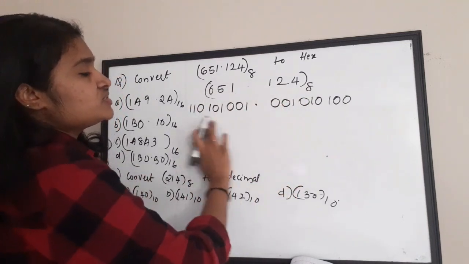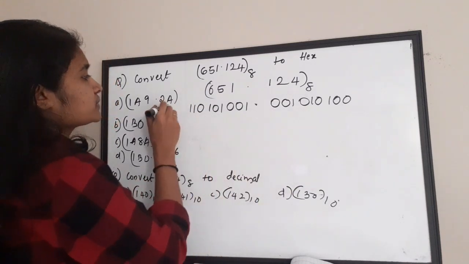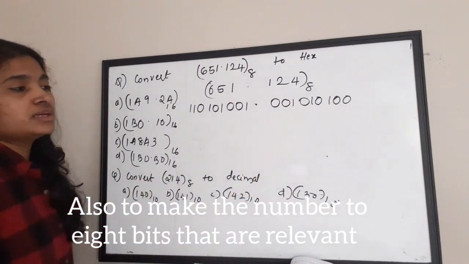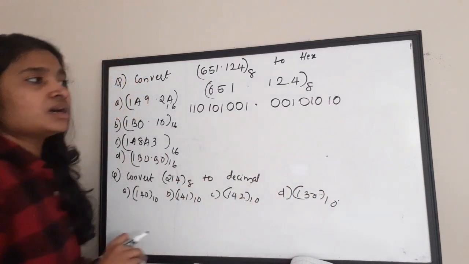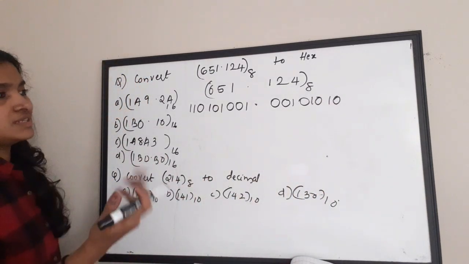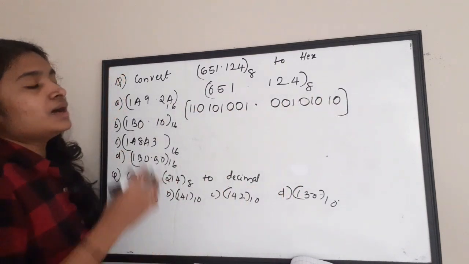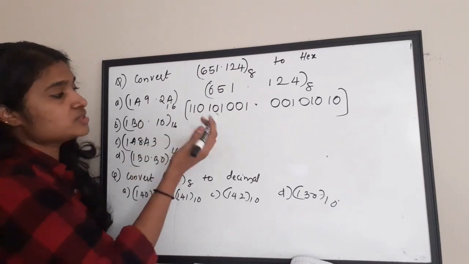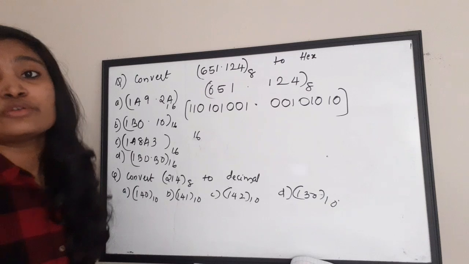Now, if you see this number representation, this is having a 0 here. We'll remove this because it is after the point, so that is not significant. Now try to pair these numbers. How many numbers do we need? 4 numbers, because we know that in hexa the numbers are paired as 4.